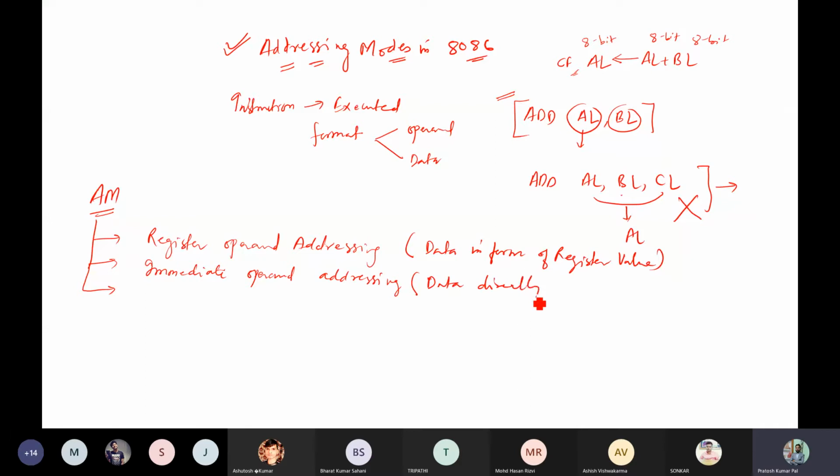The next one is memory operand addressing, which means we provide data in the form of memory locations.